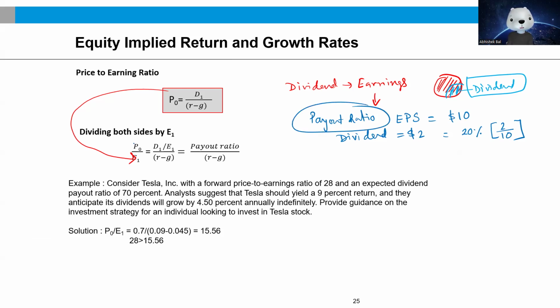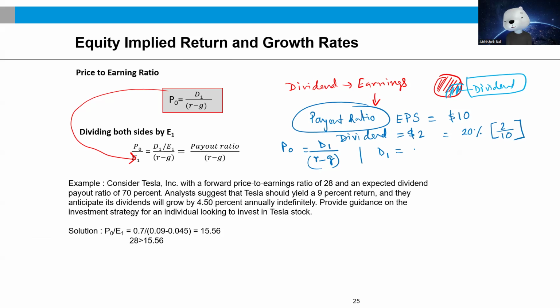Now, a little bit of algebraic manipulation out here. I'm not going to again revisit the same concept because I've already done that. P0 could indeed be represented as a period ahead dividend being paid in the future divided by the net cost of that dividend, which is represented as the required rate of return for the equity minus the growth rate of dividend, or the growth rate of the company as a proxy. Then of course D1 can also be represented as a payout ratio times the earnings for the company.